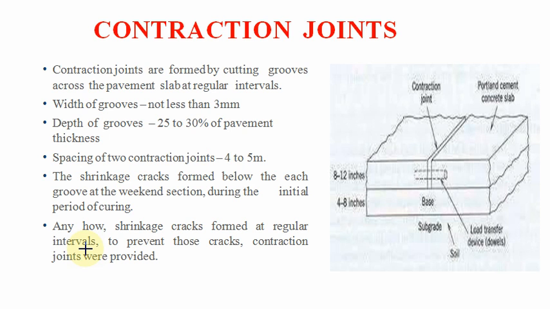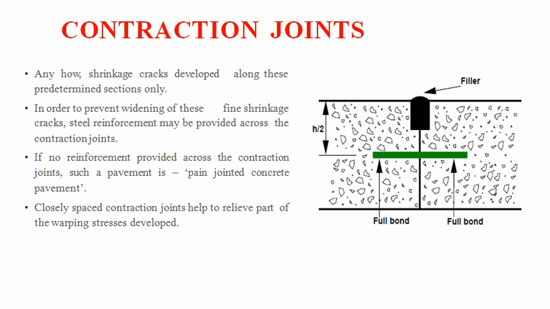Whenever the casting of the concrete is done, once the concrete sets, it starts to shrink. This shrinking of the concrete will lead to the formation of shrinkage cracks. So the provision of the contraction joints will reduce the formation of shrinkage cracks in the concrete. Next is the expansion joint.